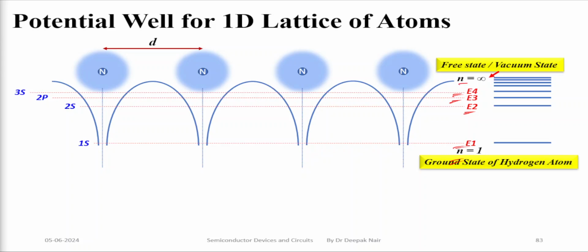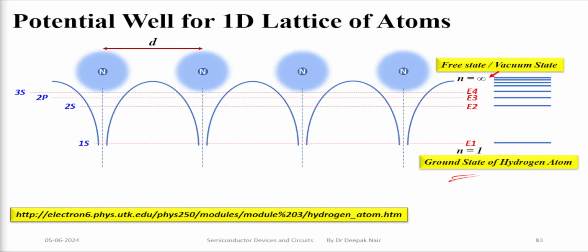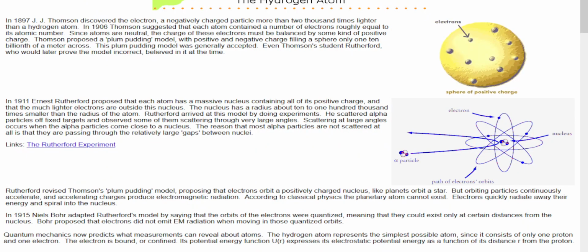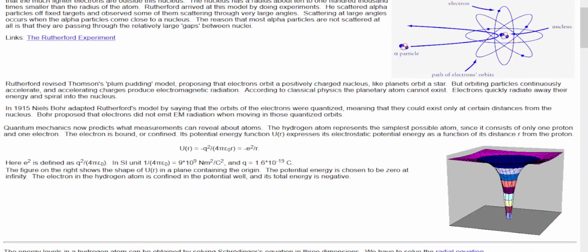So here you have the free state, which is vacuum state, and at the bottom you have the ground state of hydrogen atom. So now, if we want to have more detail about these energy wells, then in that case you can take the help of this link, where you can have a more detailed analysis of the energy well.